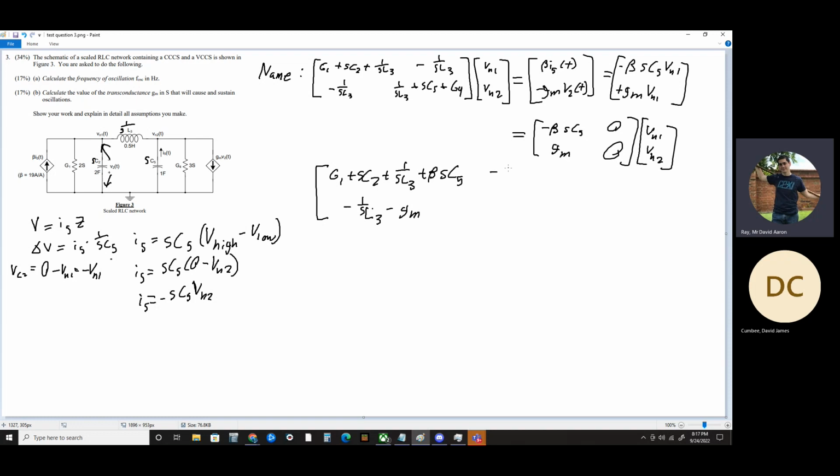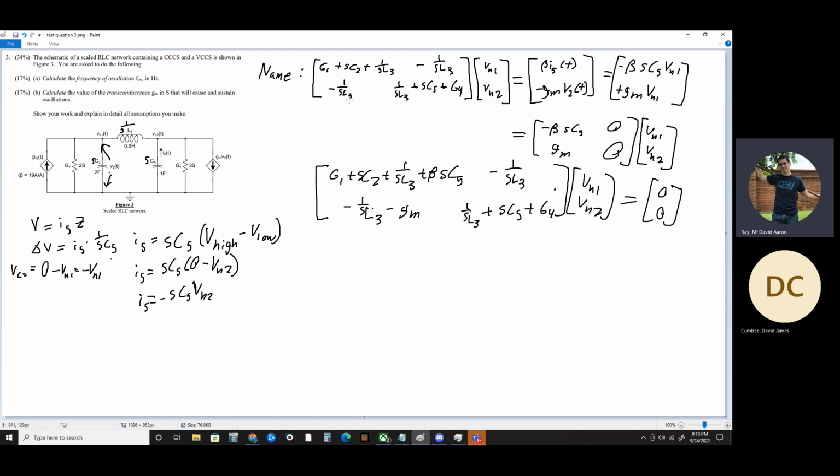And then, since the rest are the same, negative 1 over SL3, 1 over SL3 plus SC5 plus G4, times VN1, VN2, equals 0, 0.